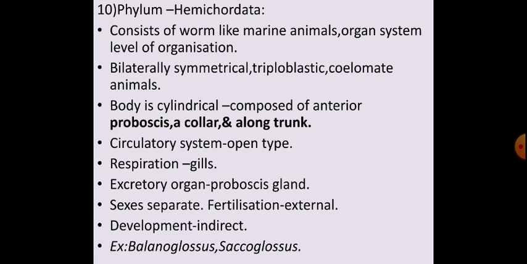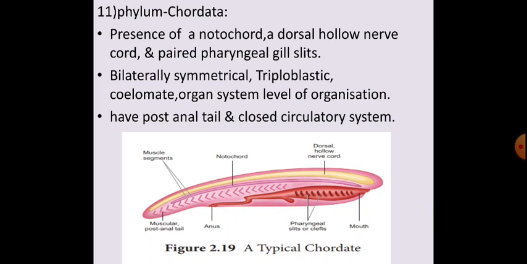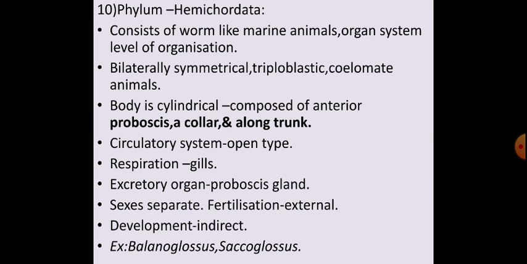Next phylum, the important phylum, the last phylum of kingdom Animalia, is phylum Chordata. These are present in highly developed animals. Till now, up to phylum Hemichordata, they are all invertebrate animals, animals without a notochord.